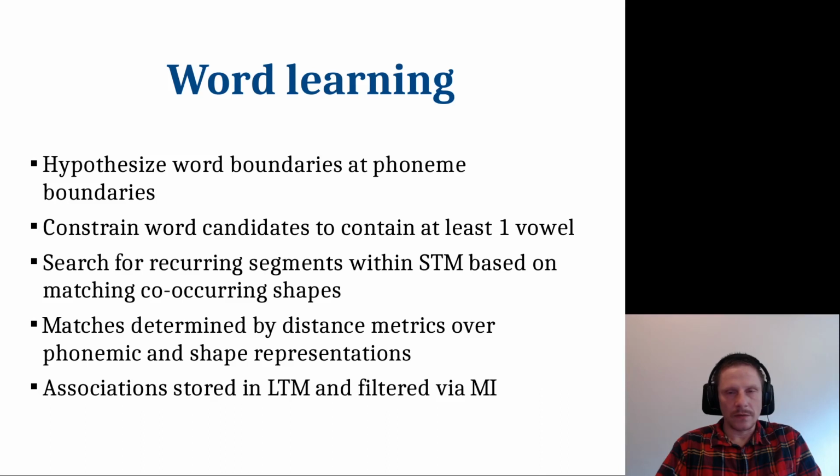Then the STM, the short-term memory store, would search for segments which recur with similar shapes. The similarity is determined by some distance or similarity metrics, which they defined over phonemic and shape representations. And then these associations, which are stored in the long-term memory, are filtered via mutual information scoring, as I said before.